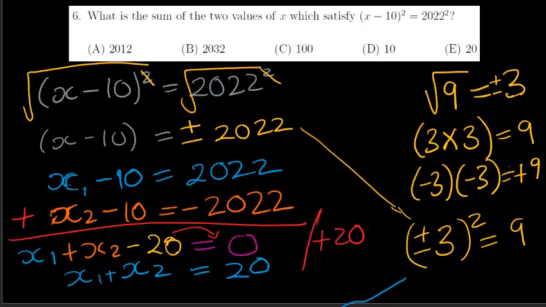So let's go back to the question. The question says, what is the sum of the two values of x? We have two values of x. We have x value 1 and x value 2, and we've added them together. So we've gotten the sum of the two values, and we said that the answer is 20. So the answer to this question is going to be E, 20.